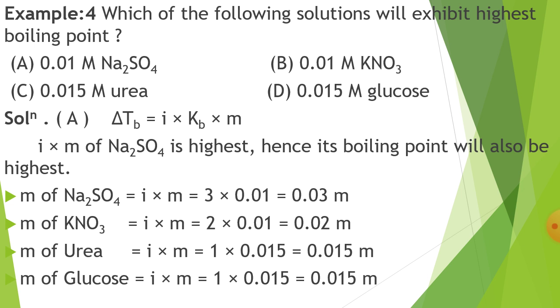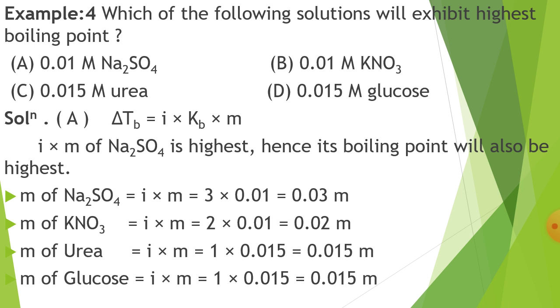Here Na2SO4 and KNO3 are strong electrolytes, they will dissociate, but urea and glucose are non-electrolytes, they will not dissociate. So according to the formula, delta Tb equals i into Kb into molality. Here the answer is option 1. Where i into molality is highest, the boiling point will also be highest.